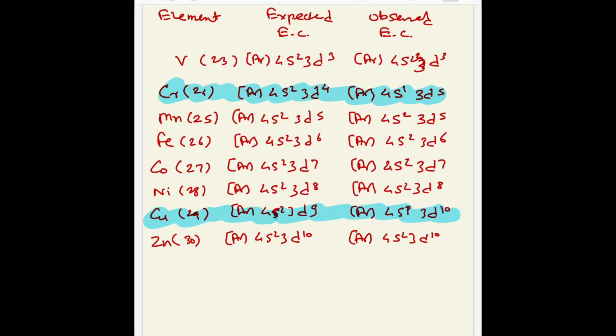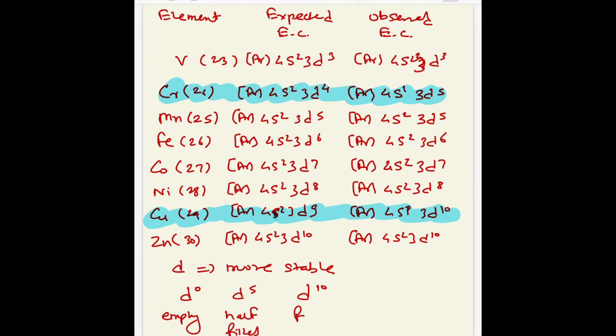The reason behind this is that the d orbital is more stable, or achieves extra stability, when it has 0 electrons, 5 electrons, or 10 electrons. That means the d orbital is empty, half filled, or fully filled.